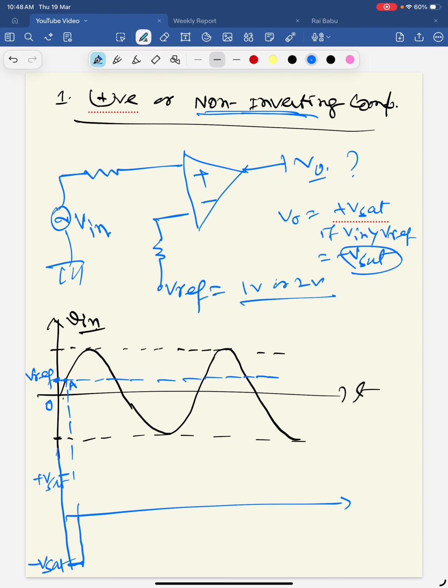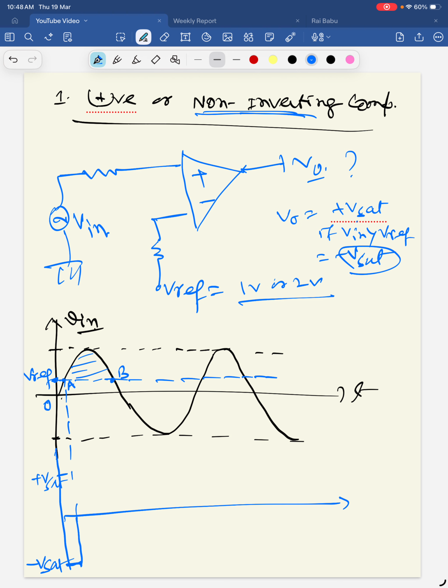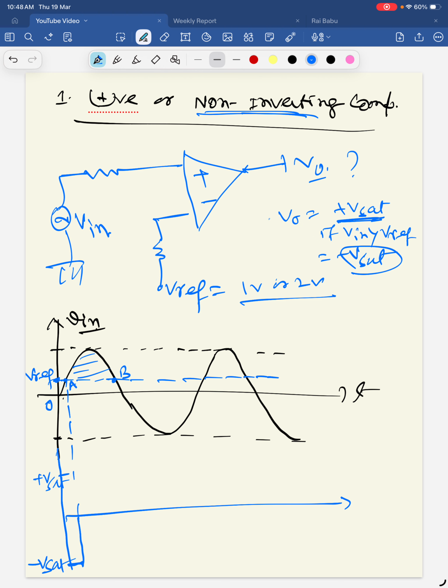But from A to B, this portion, the input is greater than V reference. If the input is greater than V reference, then the output should be plus V sat, as I mentioned. So it will move up to plus V sat and stay there up to this point.